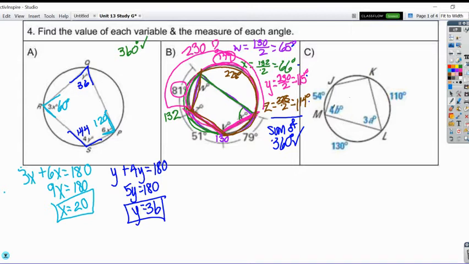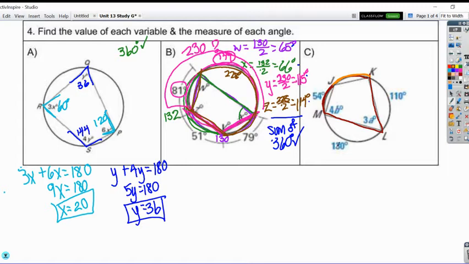And if I need to find the value of A and B, so looking at this, my A variable is in angle L. Find those two chords. So I'm looking at the arc MK. Now I know that part of this arc is 54, but I need to know a little bit more. I need to know arc JK. Use what we know about that circle. Every circle has 360 degrees in its sum.